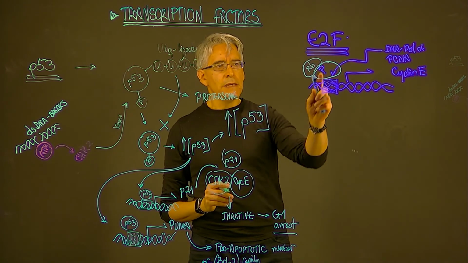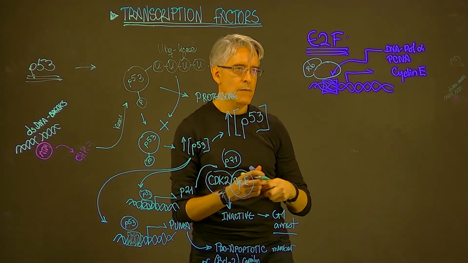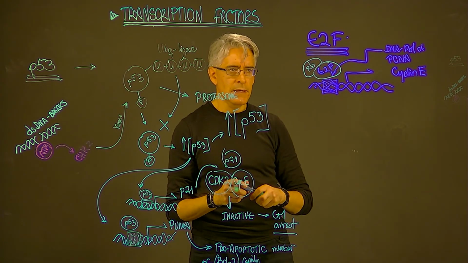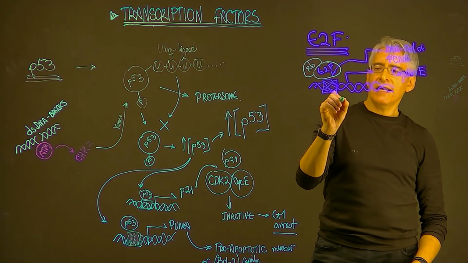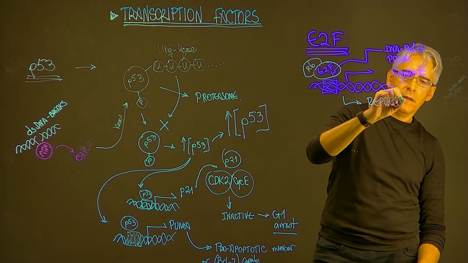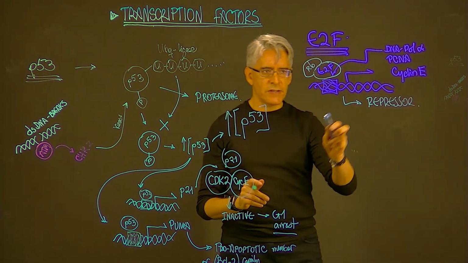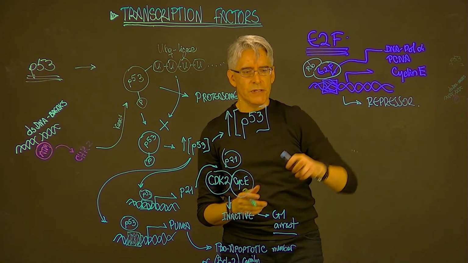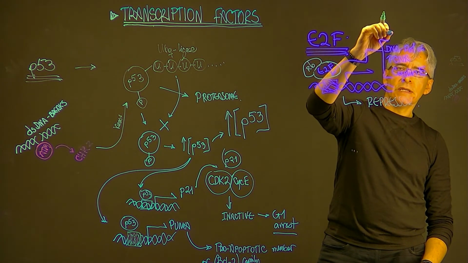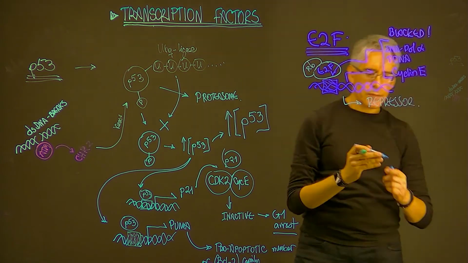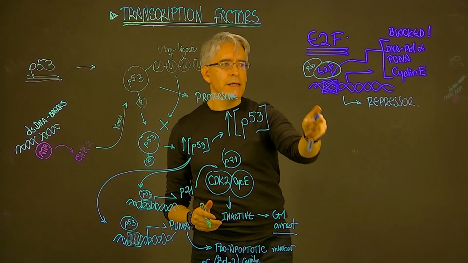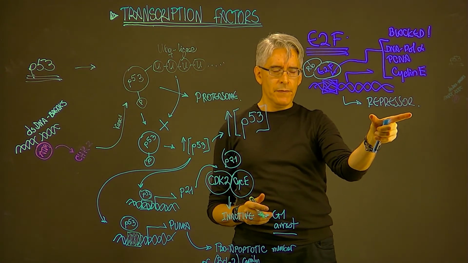And when E2F is bound to those promoters in the presence of RB, E2F acts as a repressor. So it blocks the transcription of all of those genes. So transcription of those 3 different types of genes is blocked. So under these conditions, when E2F is binding to RB, it acts as a repressor.